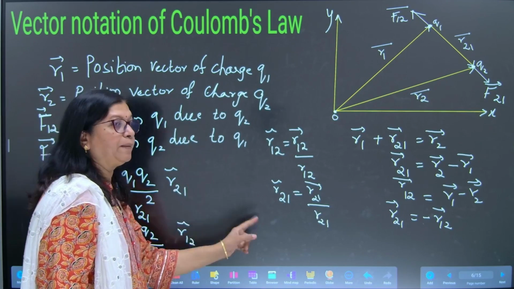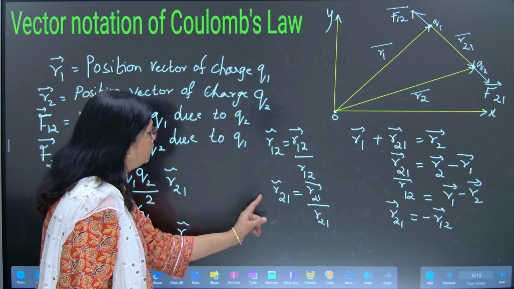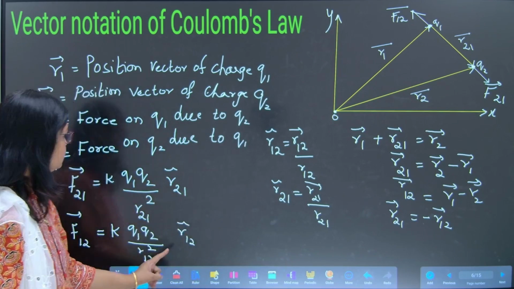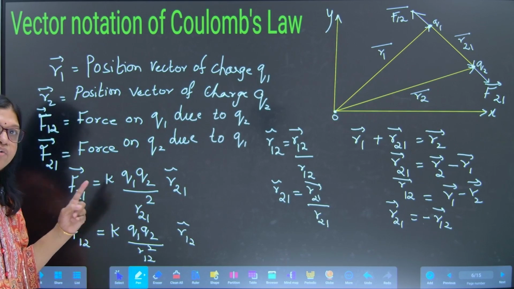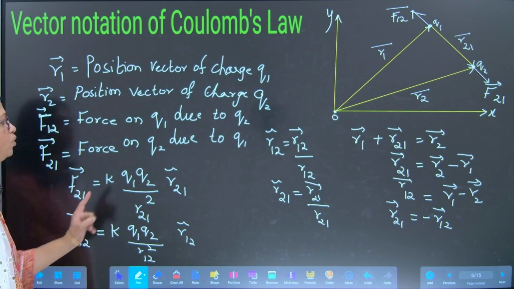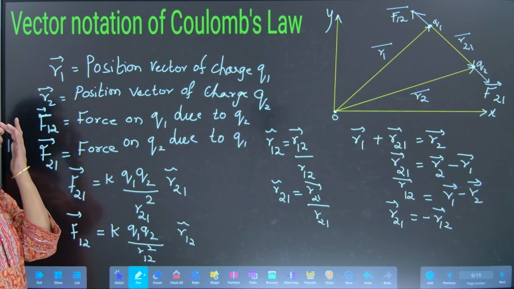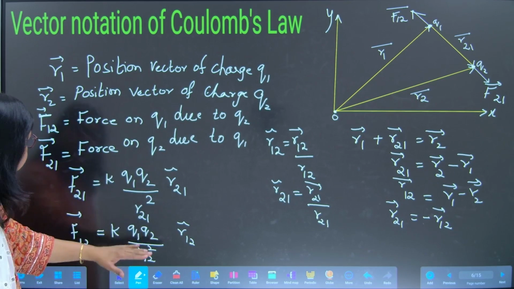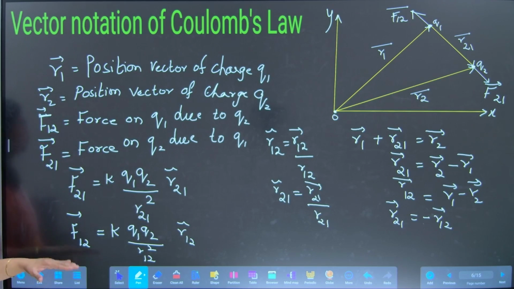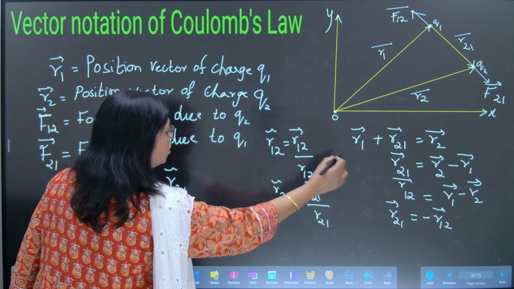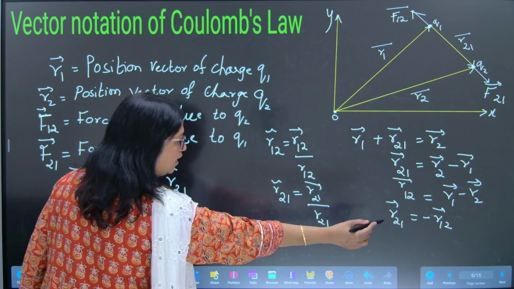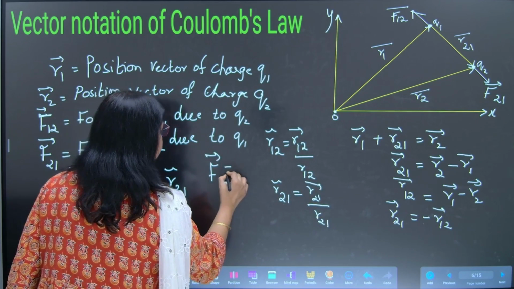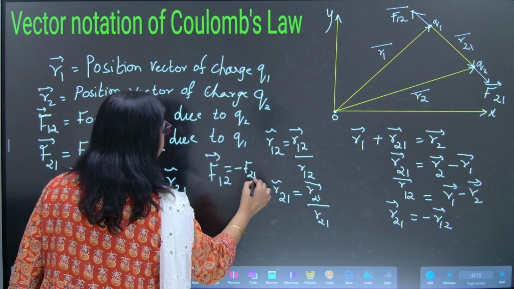Similarly, R21 cap gives us the direction of R21 and is equal to R21 arrow divided by R21 magnitude, which we can replace here, or we can rewrite F21 and F12 by this substitution. So, by looking at the formulas of F21 and F12, since R21 arrow is equal to negative R12 arrow, we can again write F12 arrow is equal to negative F21 arrow.